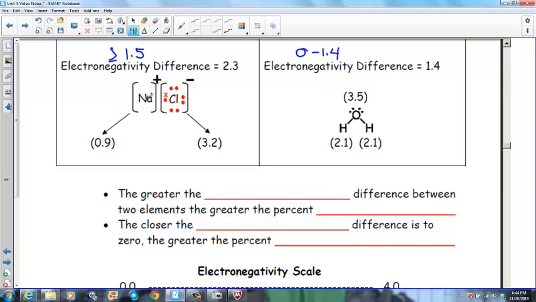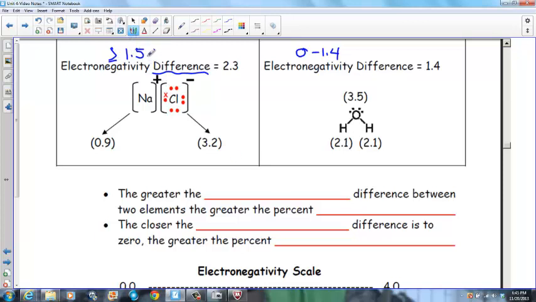So when we look up sodium on Table S, you will see that the electronegativity value is 0.9. The electronegativity value for chlorine, when you look that up, will be 3.2. When we subtract these two numbers, remember difference is subtraction, we get 2.3, which falls above the 1.5 threshold.